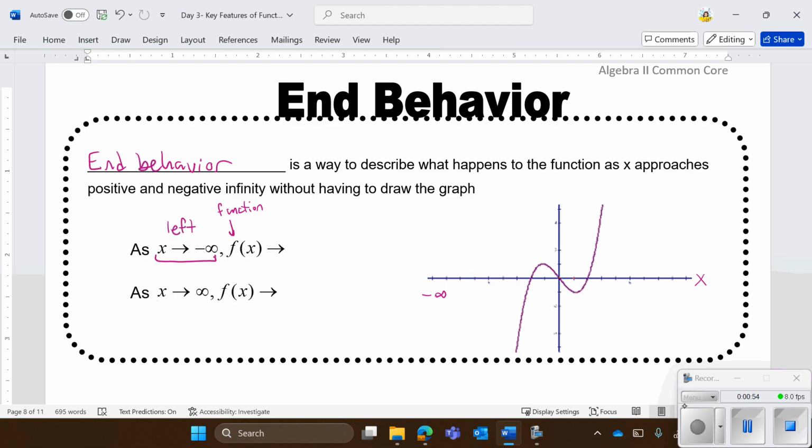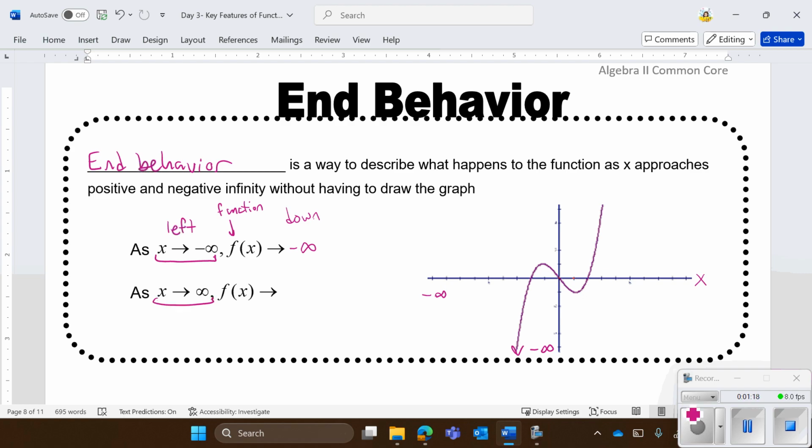Well, the function is heading downwards. It's heading downwards towards negative y values, which indicates it's heading down towards negative infinity. So to write with notation, left and down, we say as x goes to negative infinity, f of x goes to negative infinity as well.